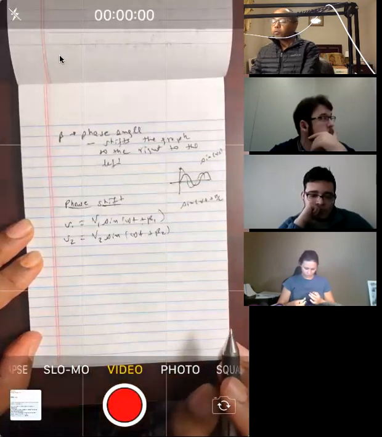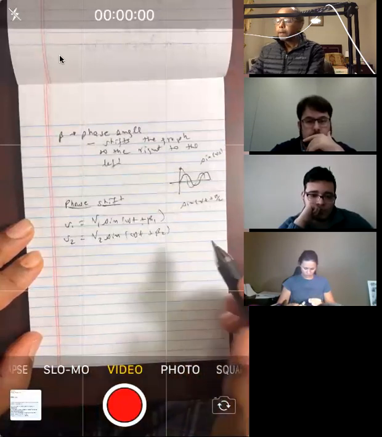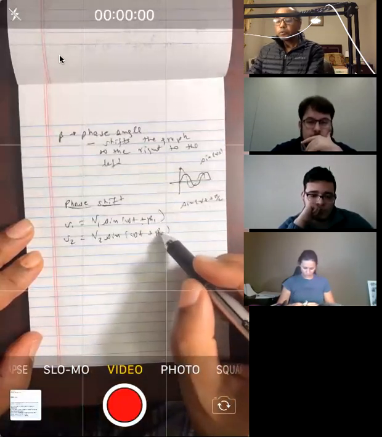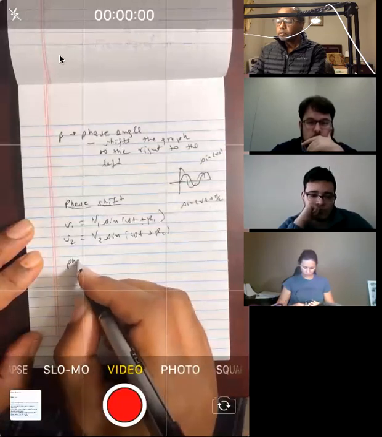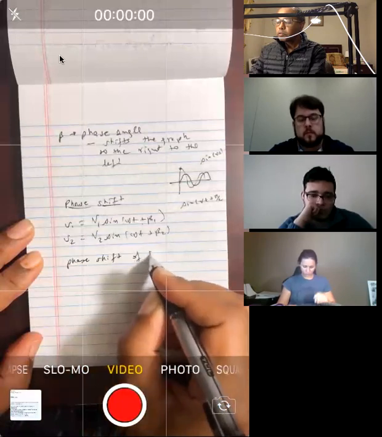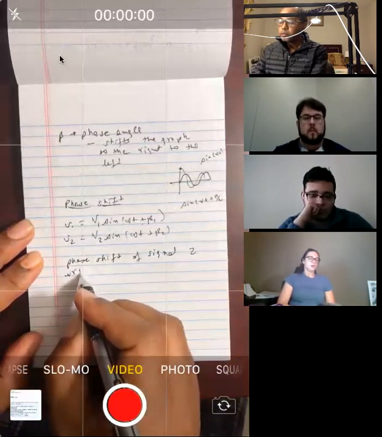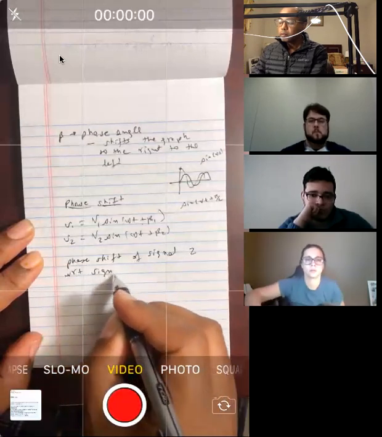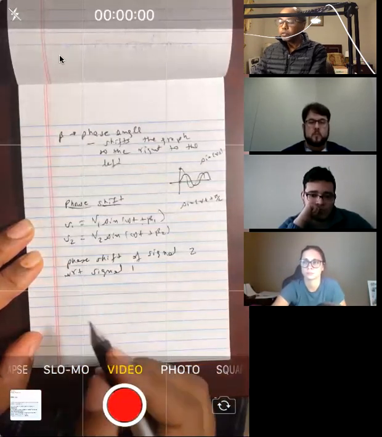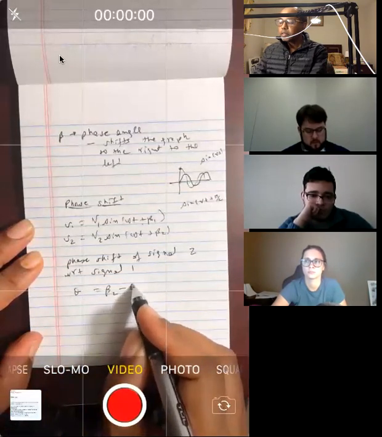What we call the phase shift of signal 2 with respect to signal 1 is the difference between these two. If you use theta, that will be beta 2 minus beta 1.